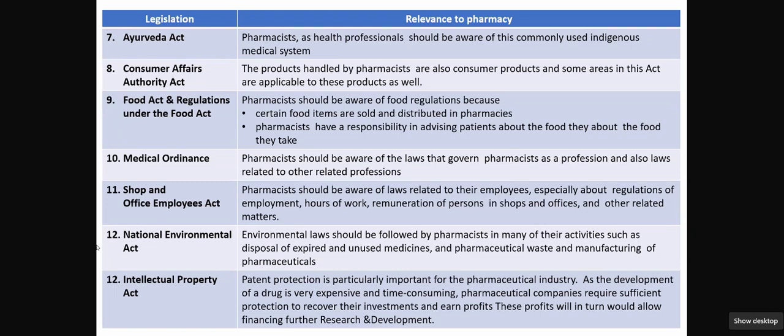And the Intellectual Property Act: patent protection is particularly important for the pharmaceutical industry. As the development of a drug is very expensive and time consuming, pharmaceutical companies require sufficient protection to recover their investment and earn profits. These profits in turn allow financing of further research and development, right? So, this is a small summary.